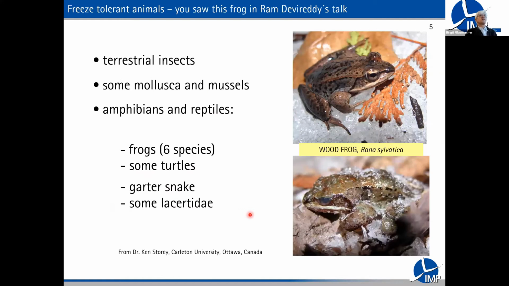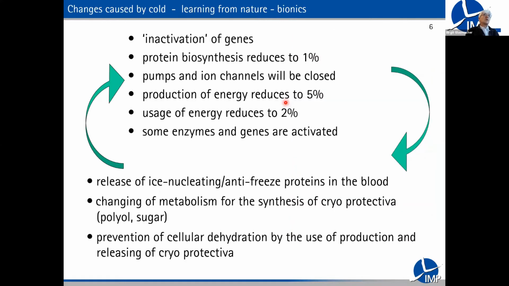So let's learn from these freeze-tolerant animals, for example, that we already saw in the first talk today. What can we learn from nature? By coldness, we inactivate genes, we reduce protein biosynthesis, pumps and ion channels will be closed, production of energy is reduced. In total, the usage of energy is reduced, some enzymes and genes are activated.